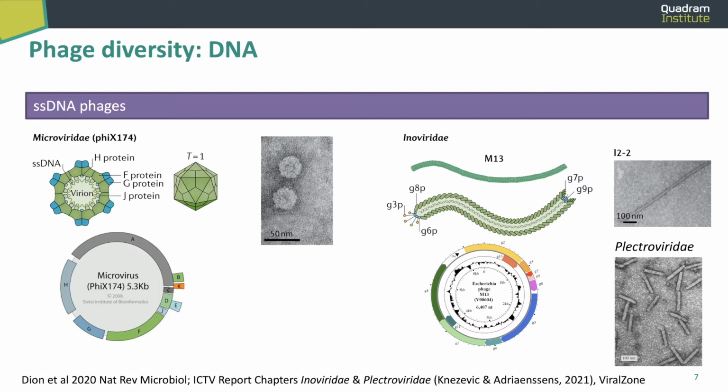This is important to keep in mind because certain methods, such as multiple displacement amplification, preferentially amplify this type of genome. So if you have a DNA extract, for example a metagenome, and the quantity is not high enough and you want to increase it using multiple displacement amplification, these types of viruses will pop out.